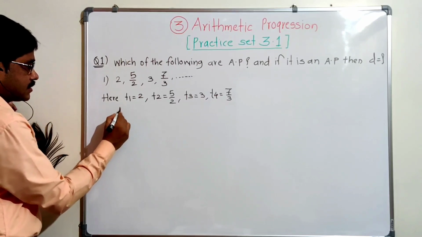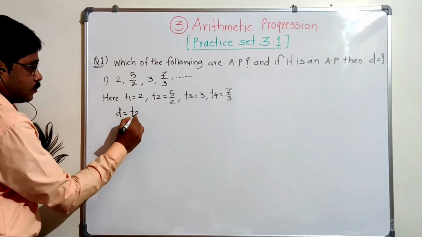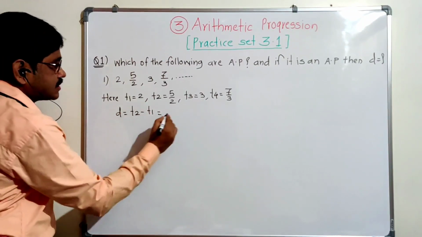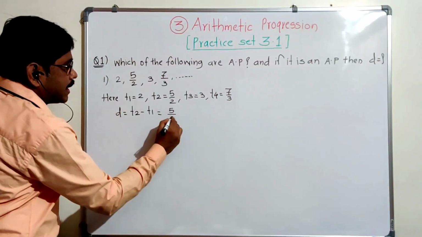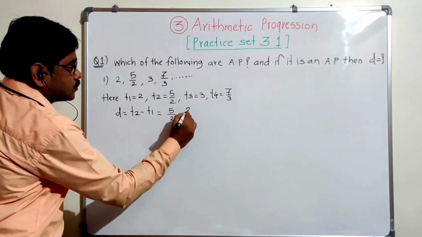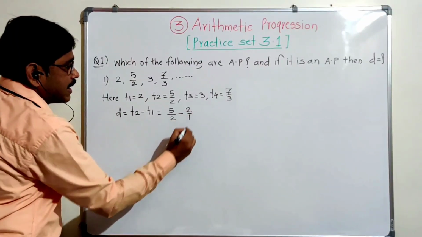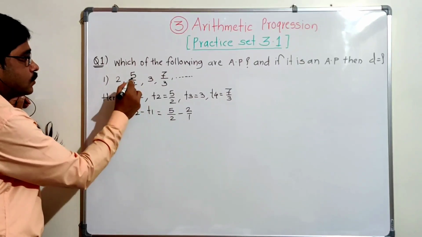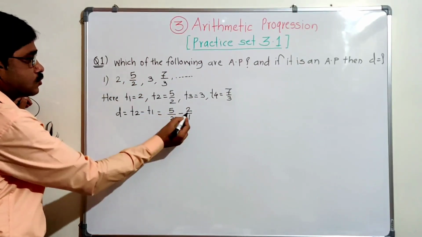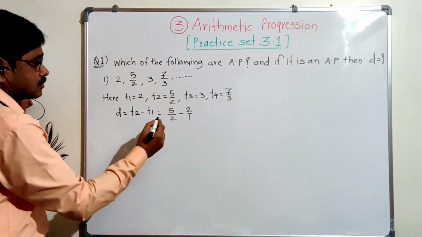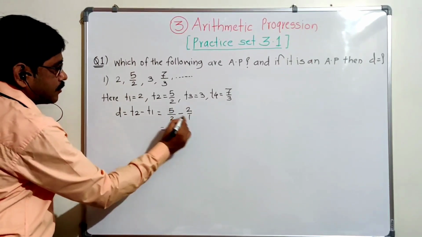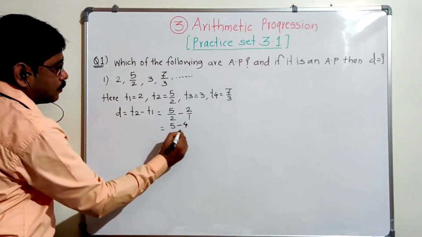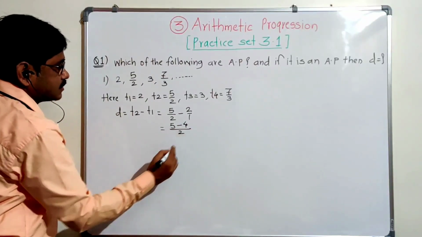So first write the terms, then let us find the common difference. Here the first difference is T2 minus T1. So how will we get T2 minus T1? 5 by 2 minus 2. This 2 can be written as 2 by 1. By cross multiplication we get 5 1s are 5 minus 2 2s are 4 divided by 2.